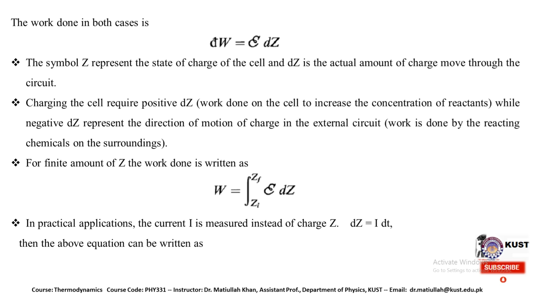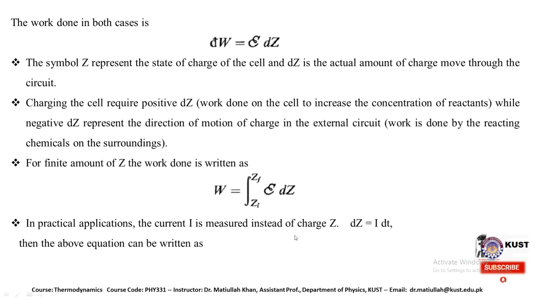So we can convert the equation W equals the integral from zi to zf of epsilon dz into the current, because we have a relationship between the current and the charge.